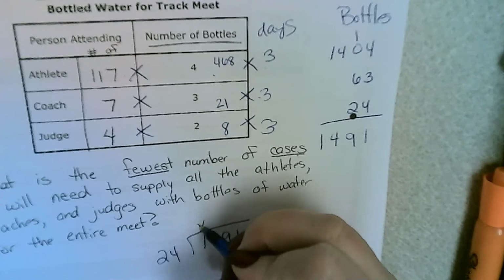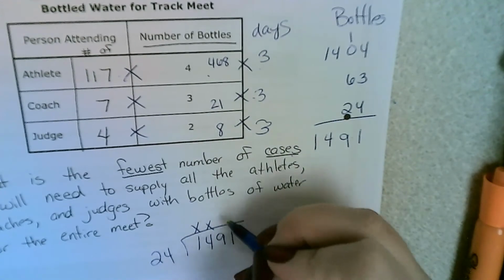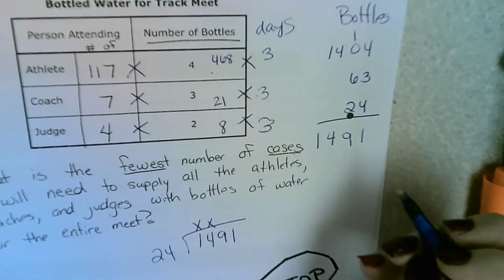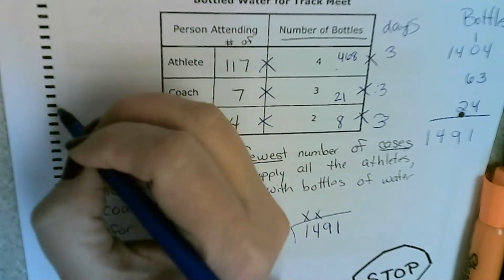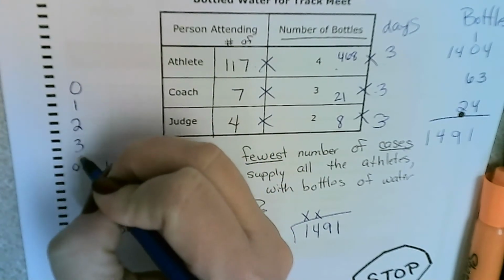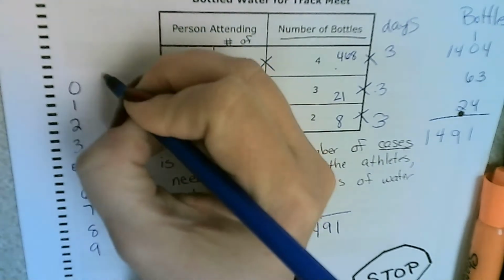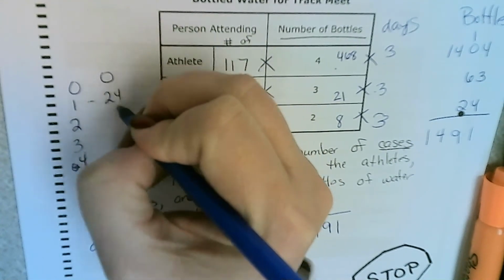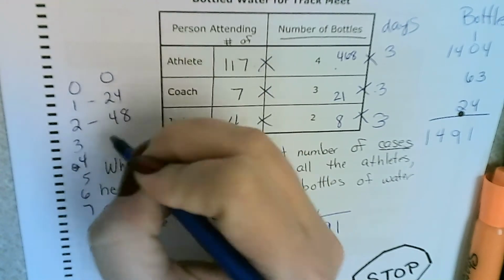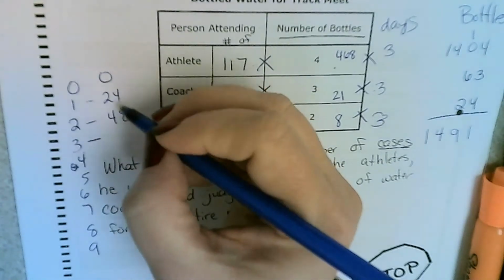So it doesn't go into 1, it doesn't go into 4, it can go into 149. And if you do not know your 24s, which I don't, you can make a little chart all the way through 9. I know my 0, I know my 1, I know my 2. After that, I probably have to figure it out, but I can go ahead and figure it out.